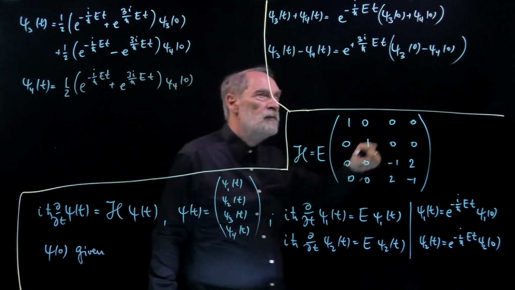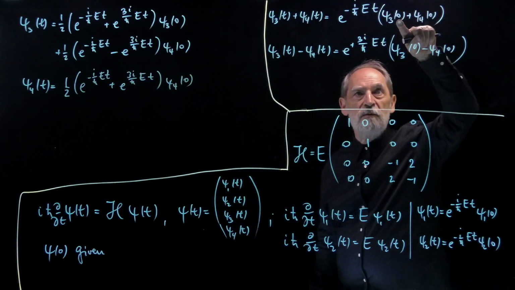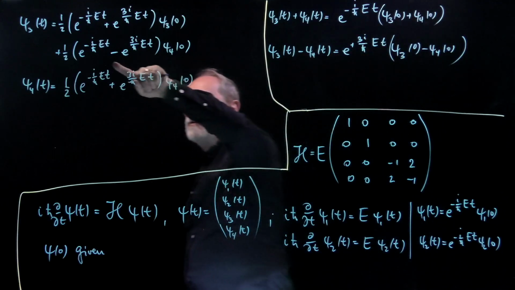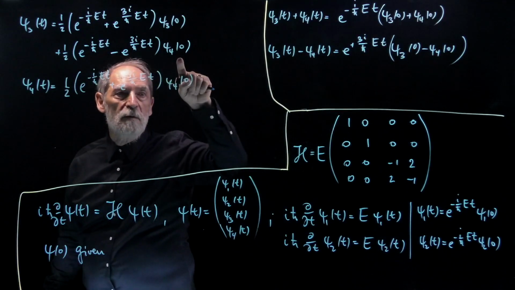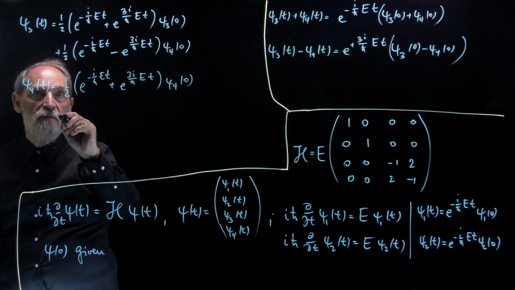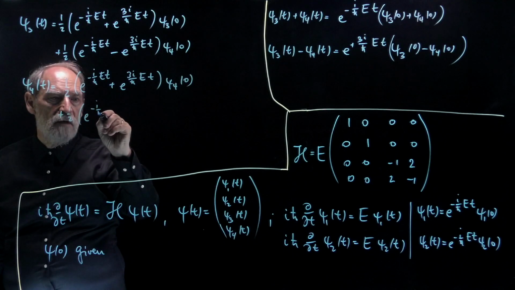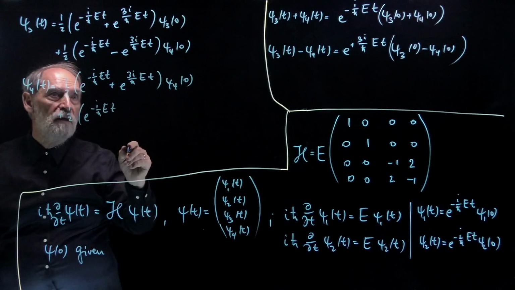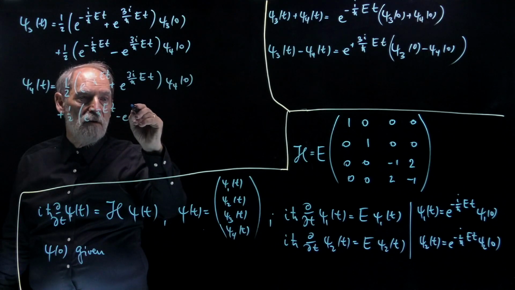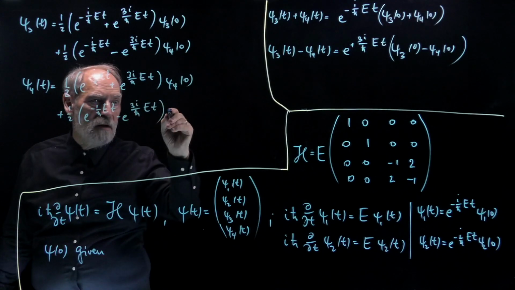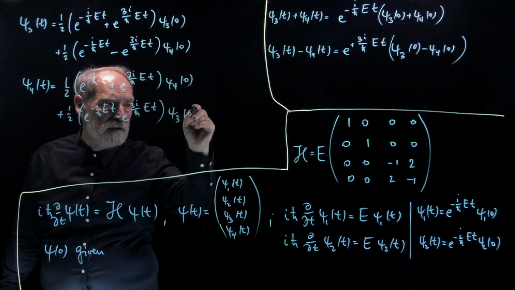And concerning the psi 3 of 0, since we now subtract, this comes with a plus sign, this comes with a minus sign, so we have this combination for the psi 4 of t. So it's plus half of e to the minus i divided by h bar et minus e to the 3i divided by h bar et of psi 3 of 0.